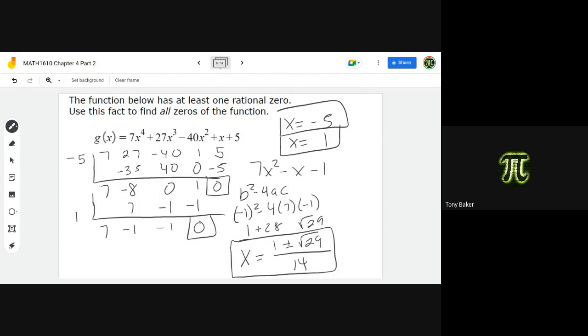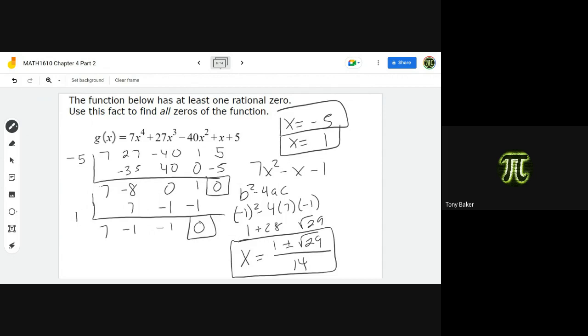Use the 7, negative 8, 0, and 1 to work with, because you've already pulled something out of it. You want to try to simplify the problem down as much as possible. So you do the next one. You're doing them in order. The next one I think would be negative 1, which wouldn't work. And then you go back to the 7, negative 8, 0, 1, and do those. So always go back to the piece that you've simplified down. You're always trying to get the problem down as simplified as possible.